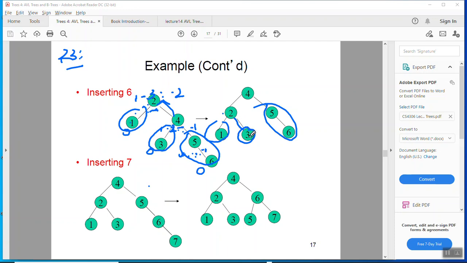Still you see that it is the left side of 4, right? Originally it was the left side of 4, and in the rotated AVL tree it is also on the left side of 4.